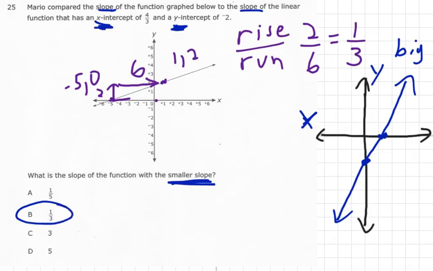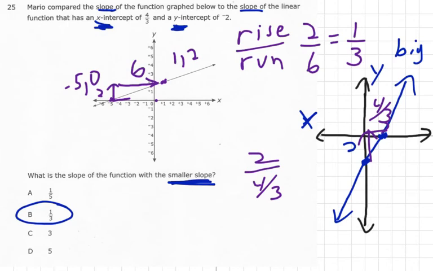However, what if they were asking for the bigger slope? Let's just make sure that we are covering our bases. So I know the answer is 1/3, but let's just say they were asking for the bigger slope. That means I would need to figure out: rise is 2, run is 4/3.